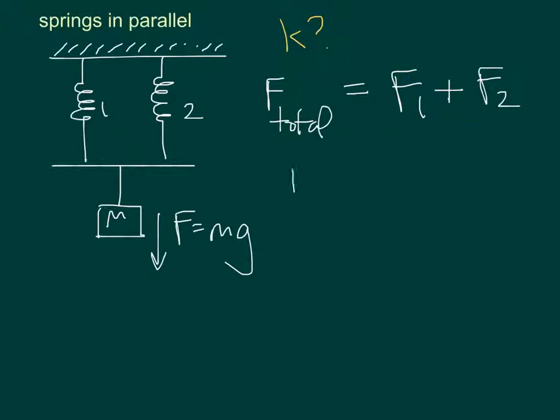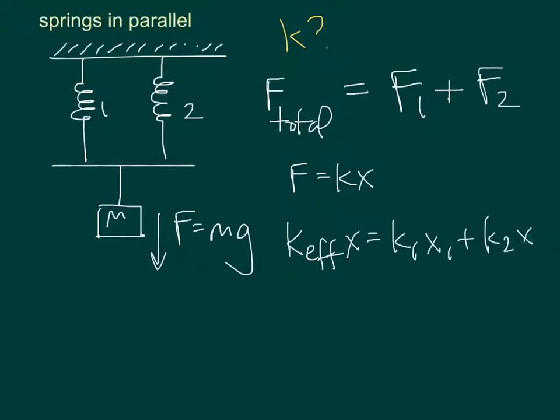But we've got our equation for Hooke's law with our spring constant, generally. So let's put it in context of this system here. All I do is I simply add my kx's together. So now my k effective x is going to be k1 x1 plus k2 x2. And of course I'd add more terms if I had more springs. But let's say the springs were the same.